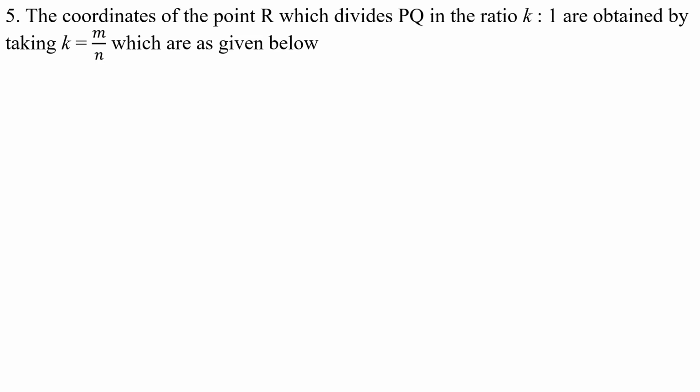Okay, my children, you have to find the coordinates of a point R which divides PQ. The ratio is sometimes k is to 1, lambda is to 1, or sometimes we take k equal to m by n. In that case, the coordinates of the point are given as follows.